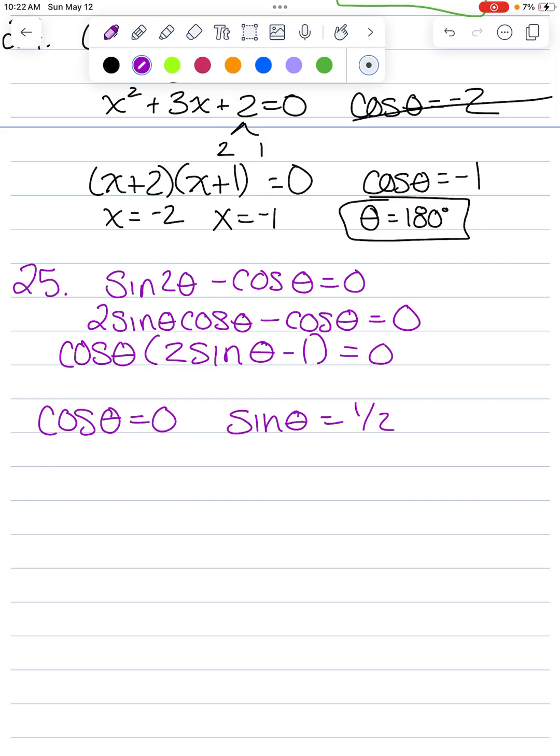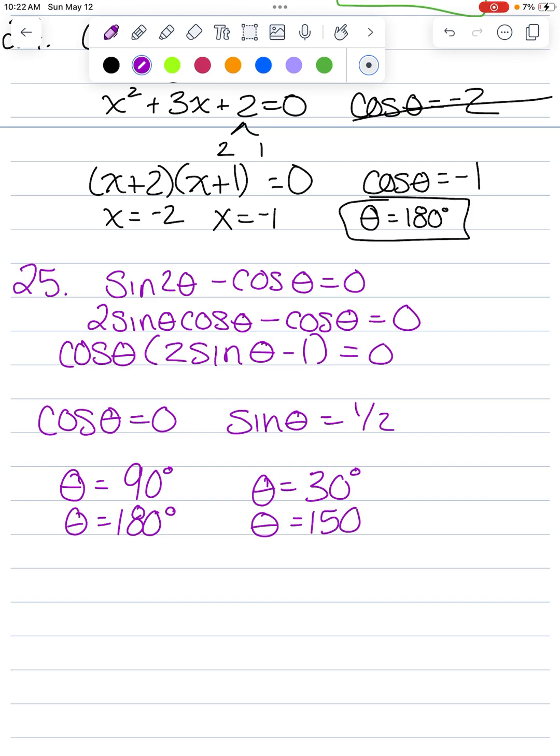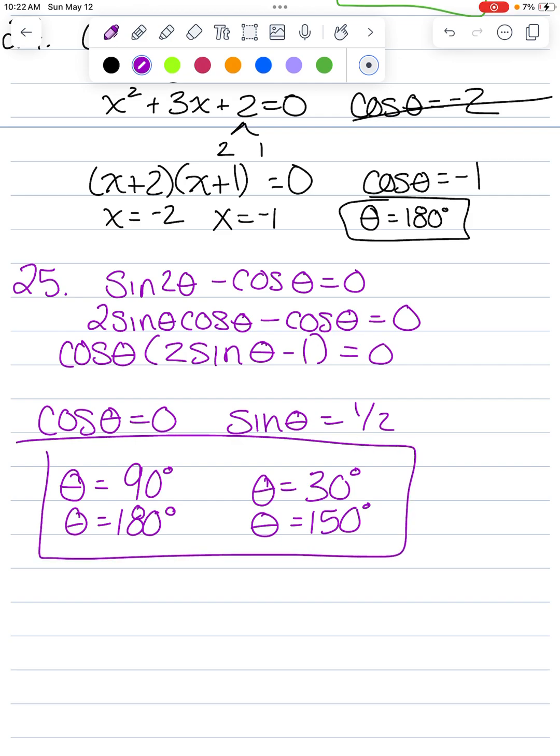So, now that sine of theta is 1/2, and cosine is 0, cosine is 0 at 90 degrees and at 270 degrees. Sine of theta is 1/2 at 30 degrees and 150 degrees. Plug back in, they all work. Sweet.